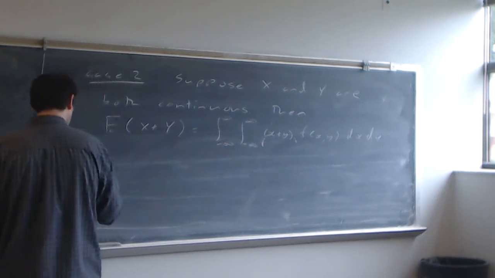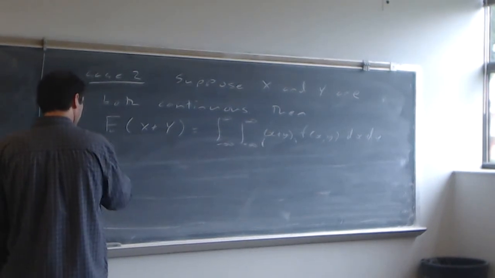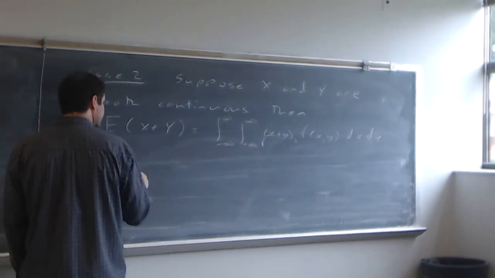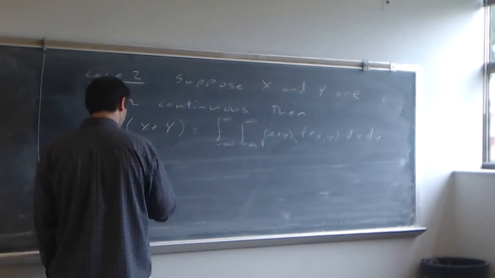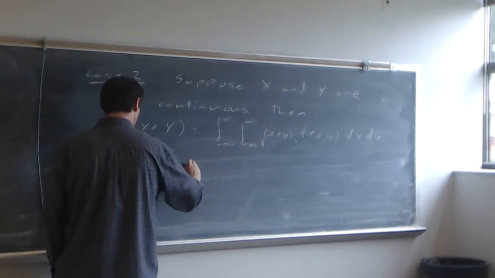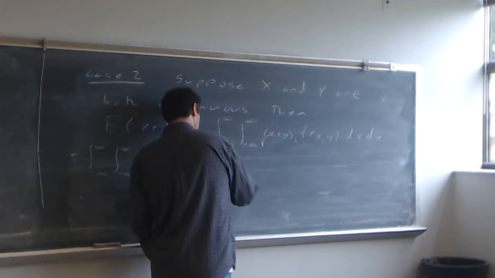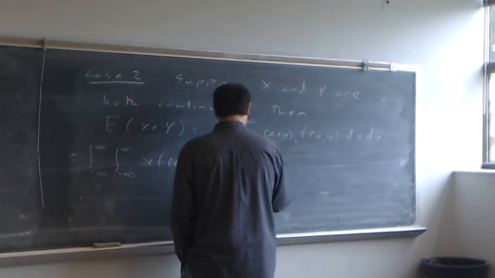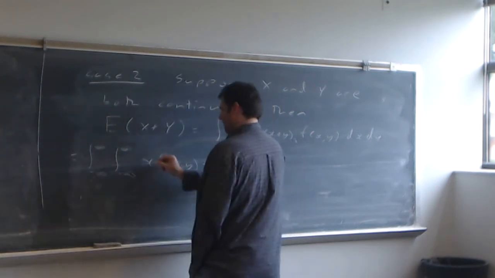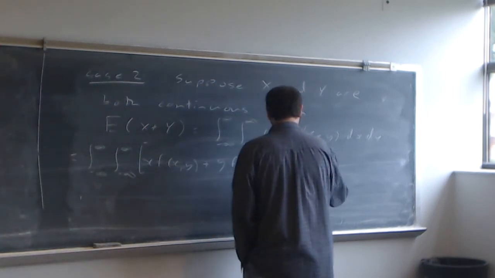Again, I'm going to write down this double integral and distribute the f of x comma y. You get x times f of x comma y plus y times f of x comma y, and then that's dx dy.